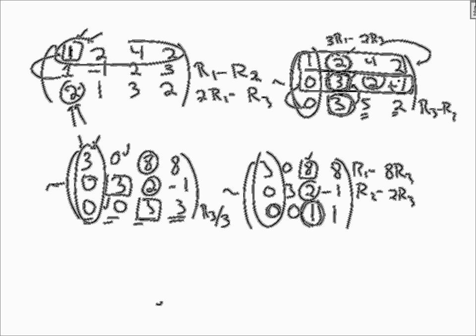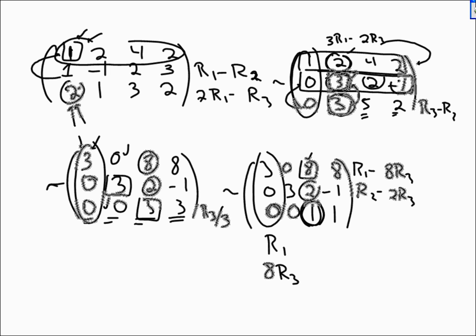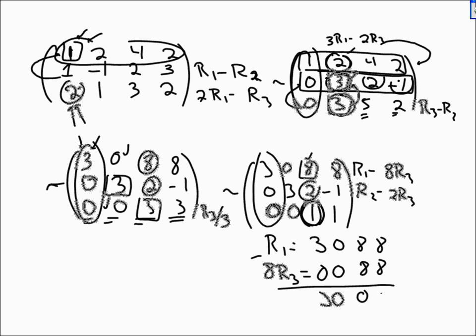Okay. Row 1, 8 times row 3. Row 1 is 3, 0, 8, 8. And 8 times row 3 is 0, 0, 8, 8. And if you subtract, you get 3, 0, 0, 0. Okay, wonderful. 3 and then 4 zeros.